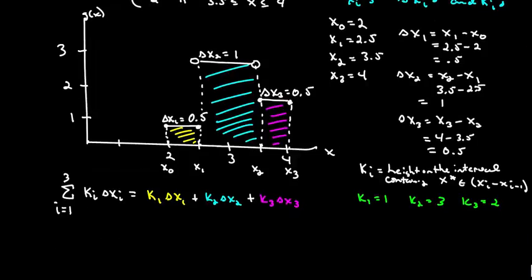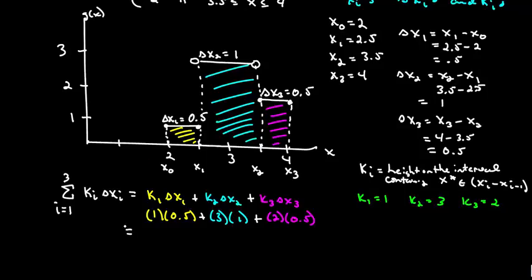So these areas are each given to me by K1, which is 1, times delta x1, which is 0.5. And then we're going to add to that K2, which is at a height of 3, get that from right over here if I want, and delta x is 1. And then we'll add to that K3, its height is 2, and its delta x value is also 0.5.